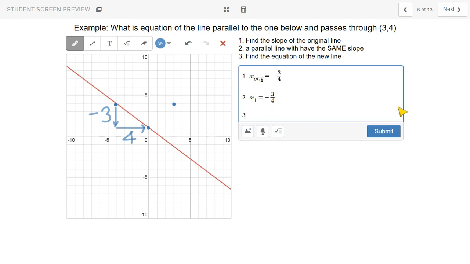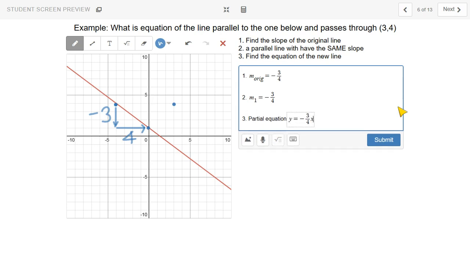So we're going to use the skills that we learned last time to substitute it in. We're going to have our partial equation where y is equal to -3/4x plus b. And we're going to substitute in x is equal to 3, y is equal to 4.